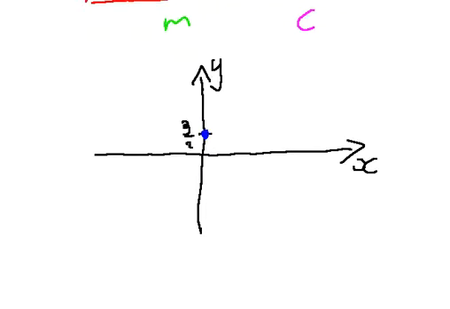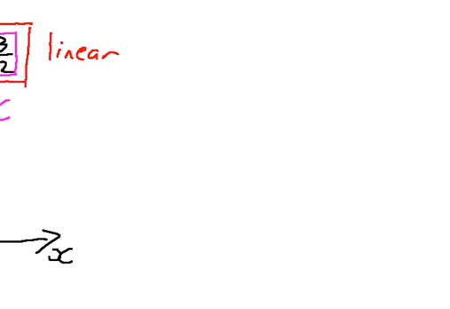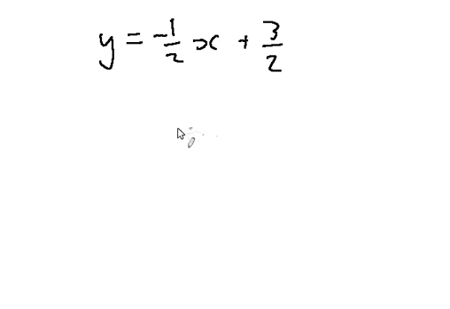So we've got y is equal to minus a half x plus 3 over 2. To find the x-intercept, we're going to set y to be 0 and find out what x is going to be when y is 0.